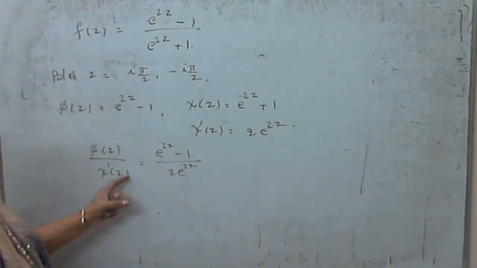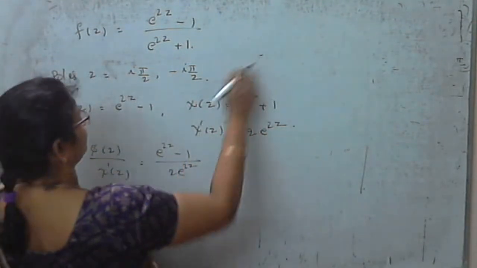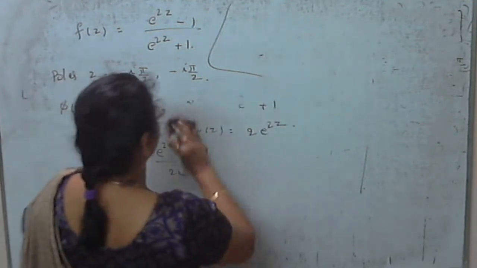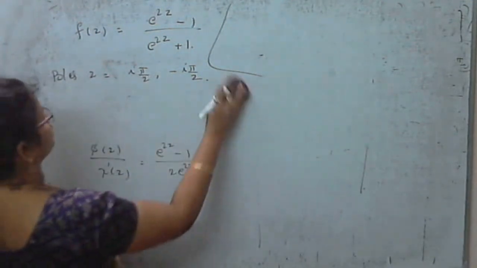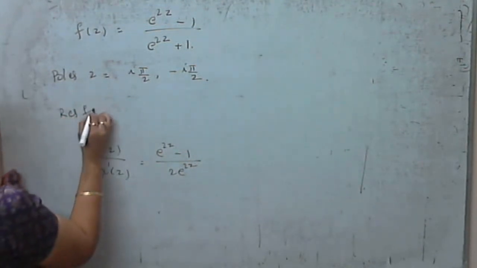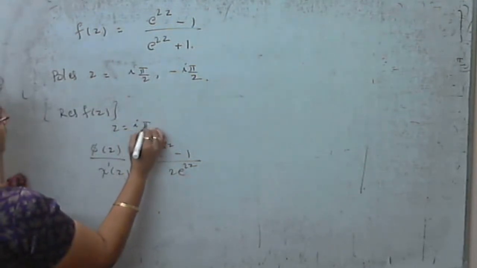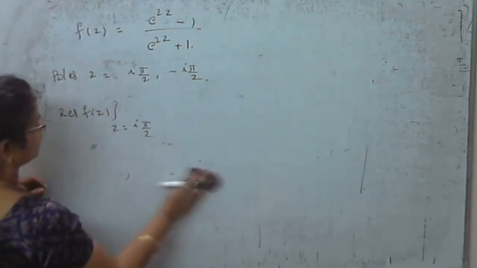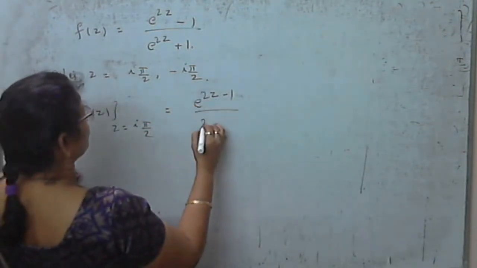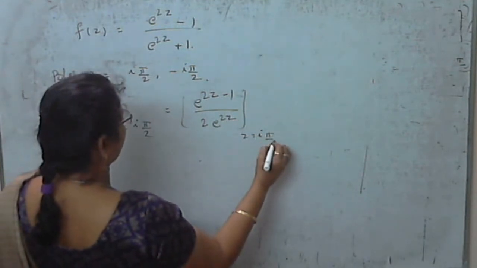Now we have to calculate the residue at each pole for this function. So the residue of f(z) at z equal to i pi by 2 is (e^2z minus 1) by 2 e^2z at z equal to i pi by 2.